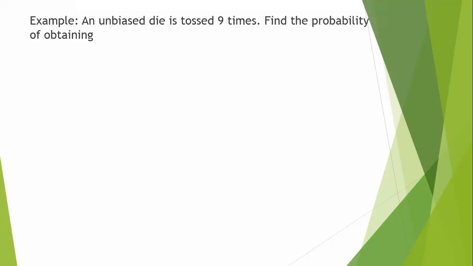Okay. So we are going to begin with this example here. We are saying an unbiased die is tossed 9 times. Find the probability of obtaining 2 6s, and then the probability of obtaining at least 2 6s. From this example, what is n, what is p, what is q?